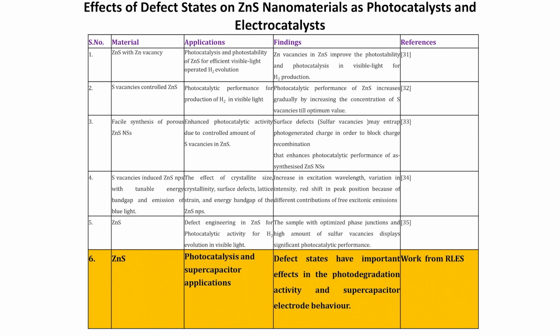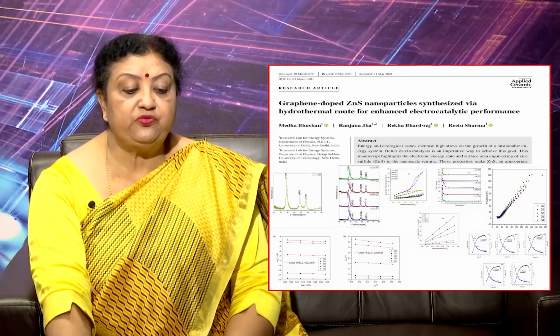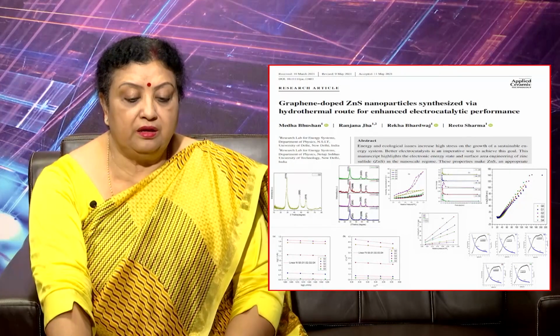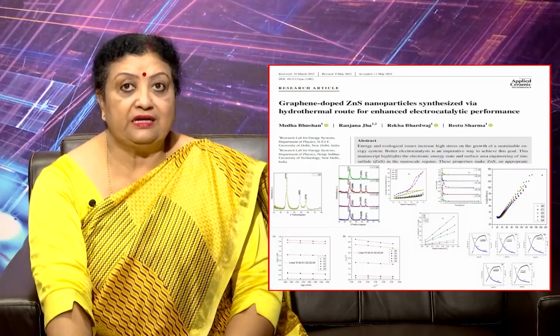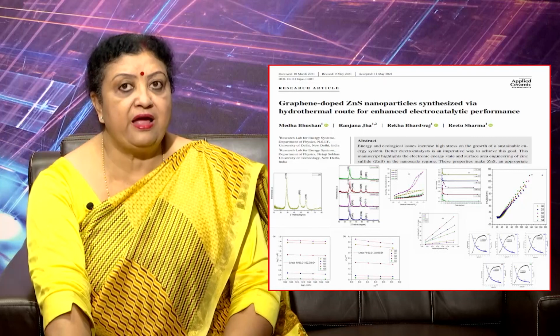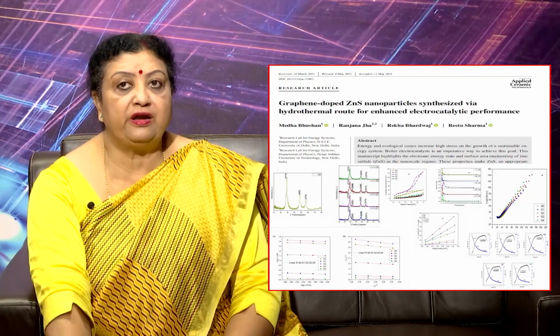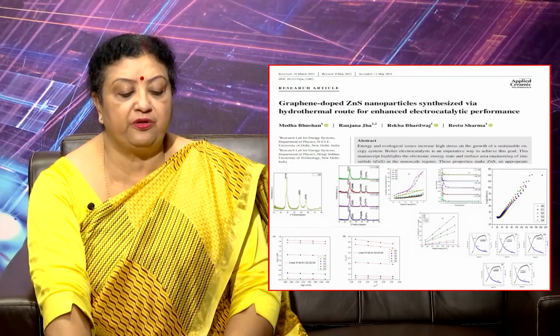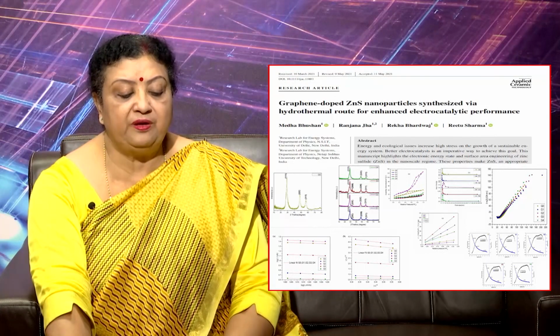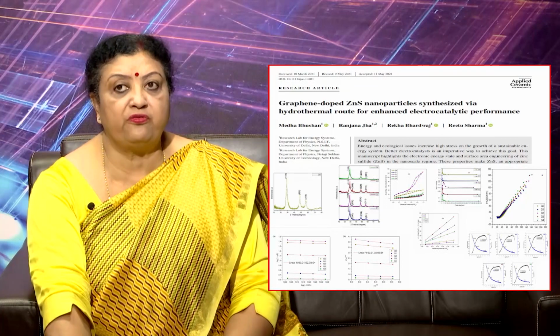So, it is having the reduced band gap, high surface area, high electrocatalytic performance. This is the paper which we have published in Applied Ceramics, graphene doped ZnS nanoparticles synthesized via hydrothermal route for enhanced electrocatalytic performance, and all the details of the study have been depicted here in the form of graph.